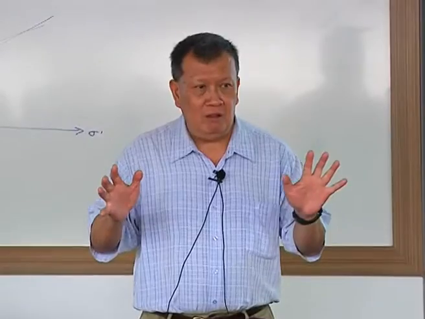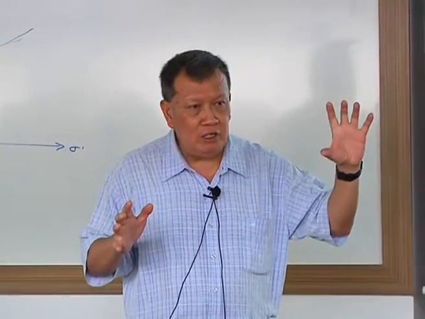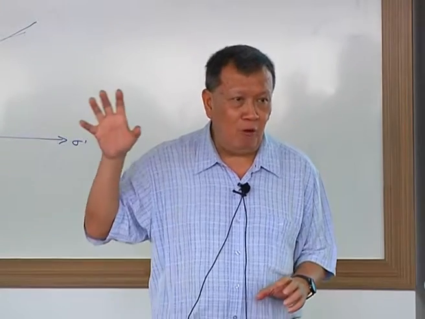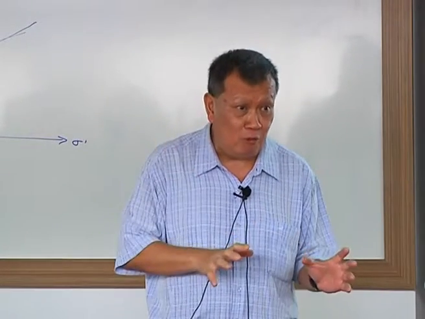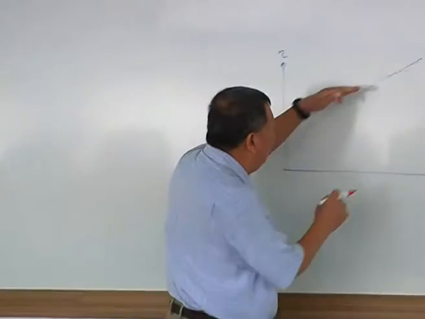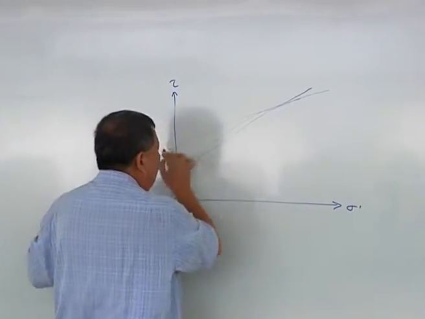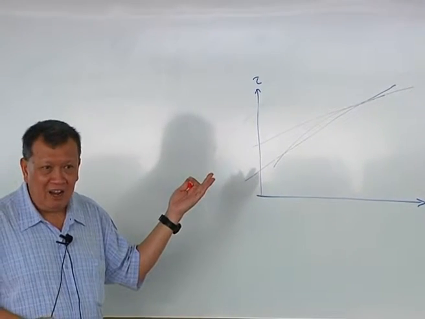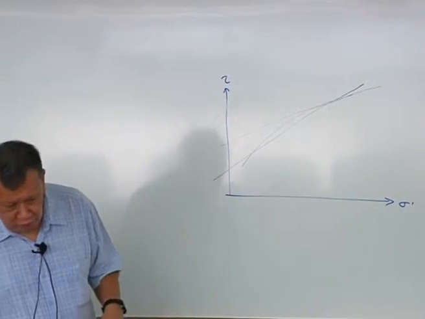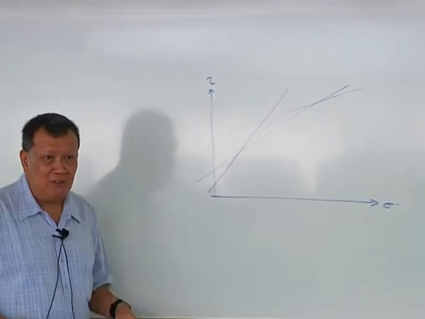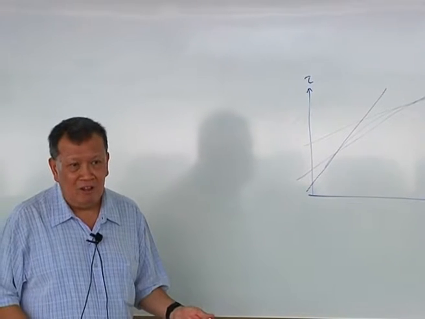I've seen people giving very high cohesion and very low angle of friction, and I've seen people giving very high angle of friction and very low cohesion. The reason is very simple. If you draw a straight line to the curve down here, your angle of friction is very low, but your cohesion is very high. On the other hand, if you fit the curve around here, then your angle of friction is very high, your cohesion is low.